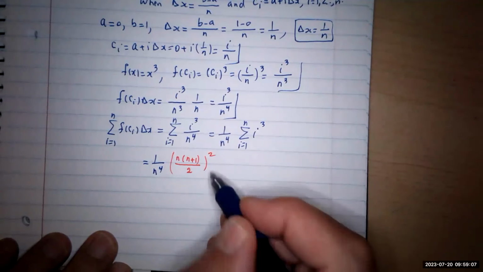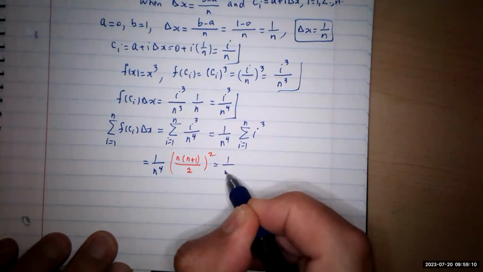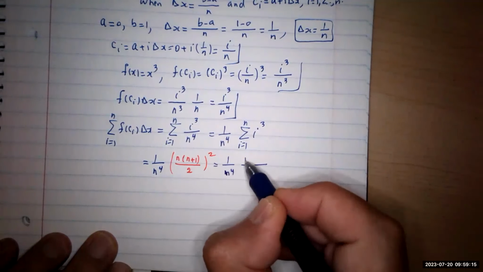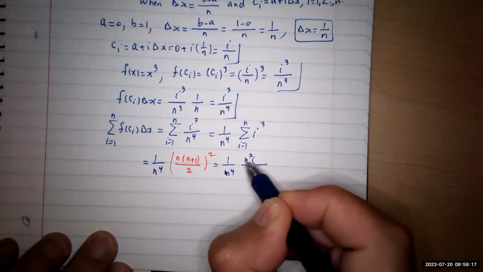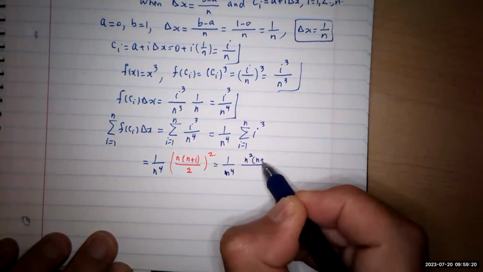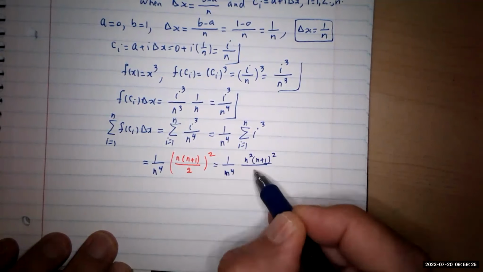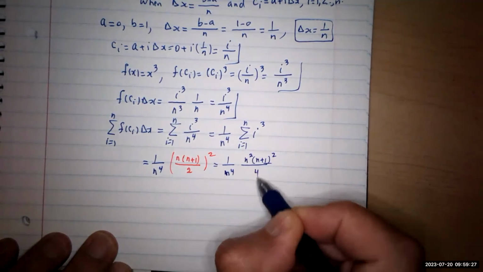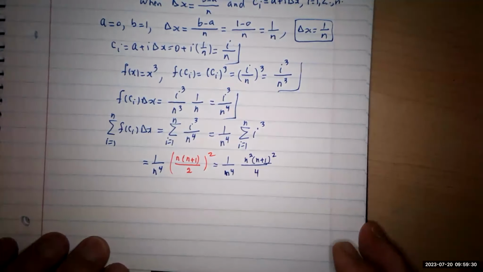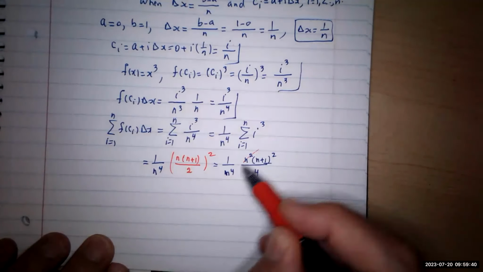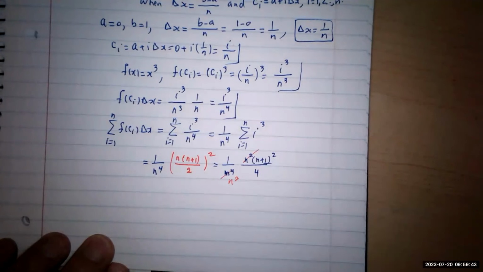You simplify that, and it's going to be equal to 1 over n to the 4, and at the top this is going to be n squared times n plus 1 squared, and the bottom is just 2 squared, which is 4. Simplifying, one n squared cancels.